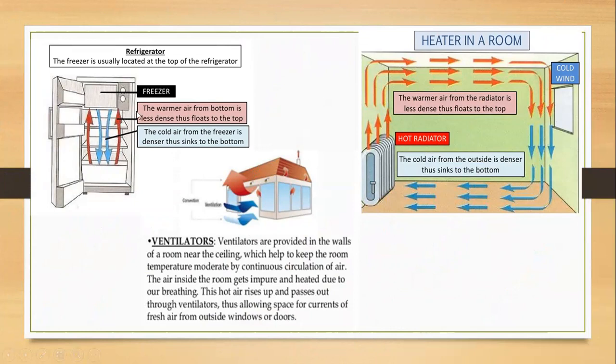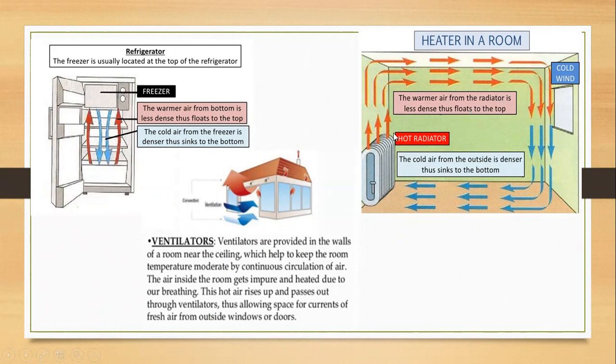And similarly, in refrigerators, the freezer compartment is usually located on the top. The warmer air from the bottom, which is less dense, floats to the top, and in the freezer compartment it cools down, becomes more dense and sinks. So you can see a convection current also forms in the refrigerator.